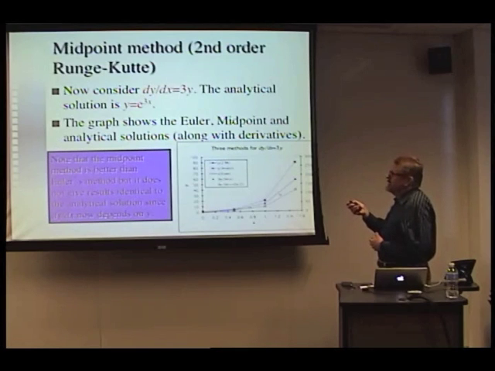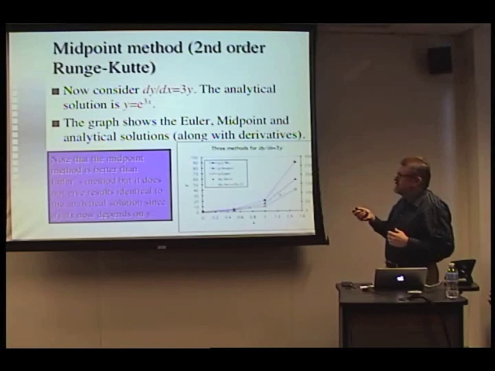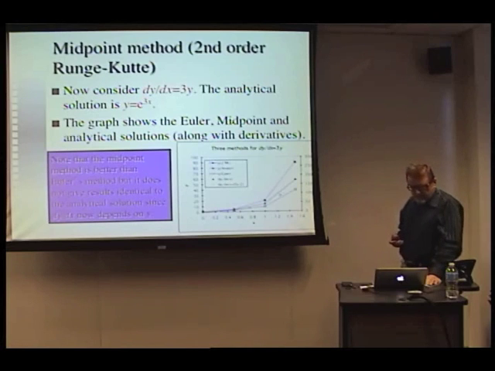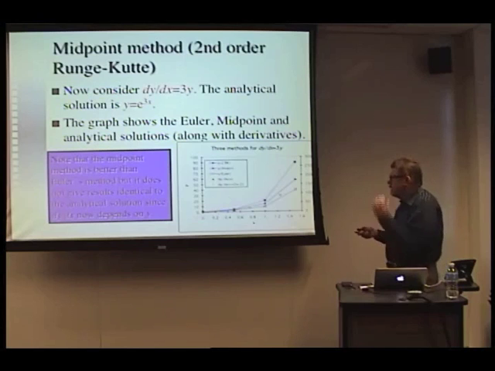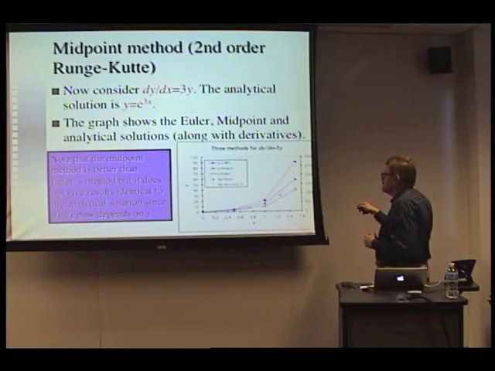In this case, we're going to have dy/dx equals 3y. And the solution is this exponential, y equals e to the 3x. All right. So in this case, here's again x, here's our analytical solution. Here was our midpoint.